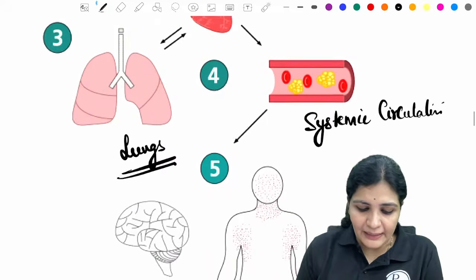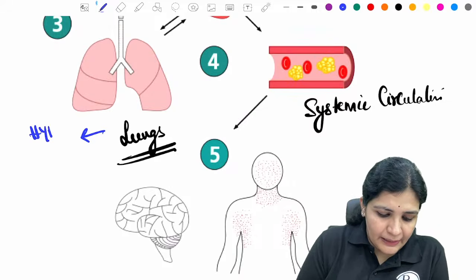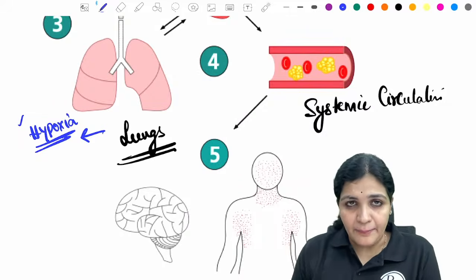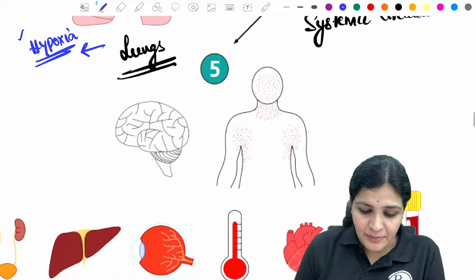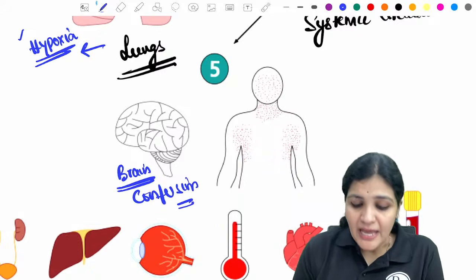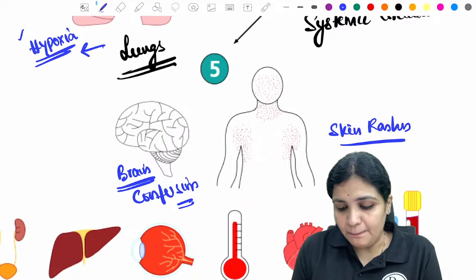Whenever they enter the lungs, they damage the lungs, resulting in hypoxemia or hypoxia. When they enter the systemic circulation, they mainly affect the brain, resulting in confusion, and they result in skin rashes, which are called petechiae.